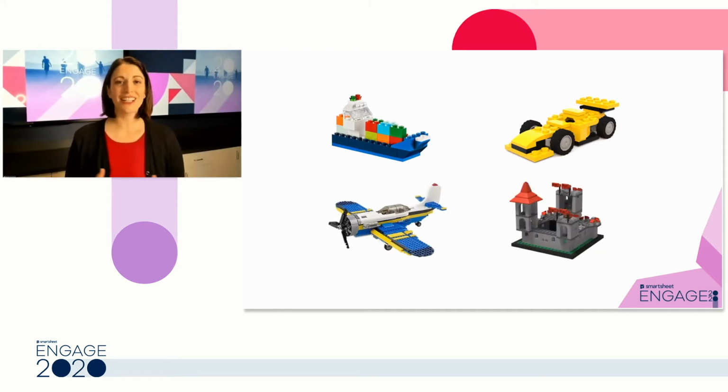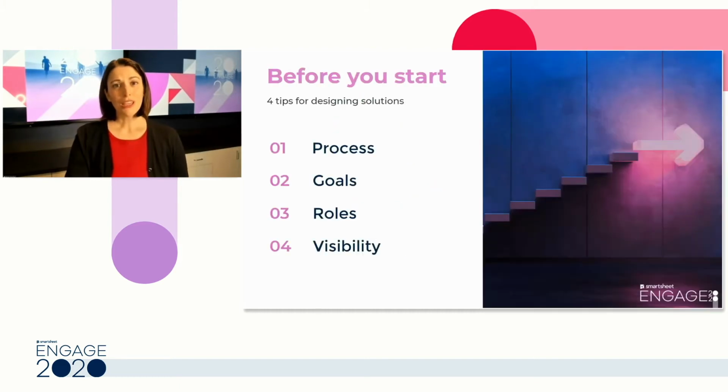And all of those things have different uses but are built from the same set of building blocks. But before you start building, you really need a roadmap and to understand exactly what you're trying to build. So there are 4 best practices that we encourage you to do before you start building. And those are to understand your process, your goals, your roles, and your visibility.